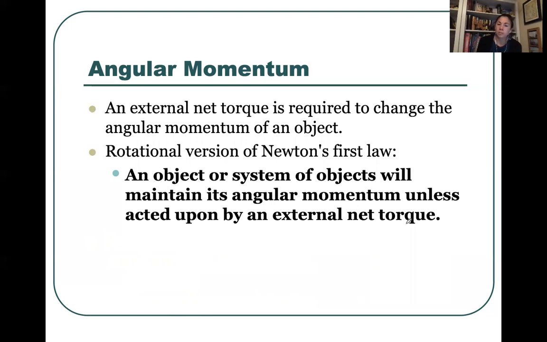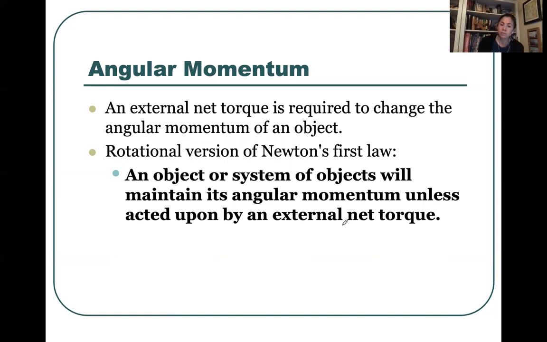So essentially, we're changing some words here. We're adding angular. We are switching force to torque. And so you may recall that if there is no external net torque acting on my object, that means that my angular momentum is going to be conserved. That was the same thing when we looked at linear momentum. We said that the linear momentum of our object is going to remain constant if there's no net external force acting on it.